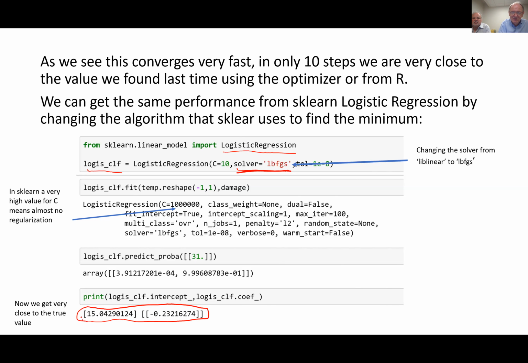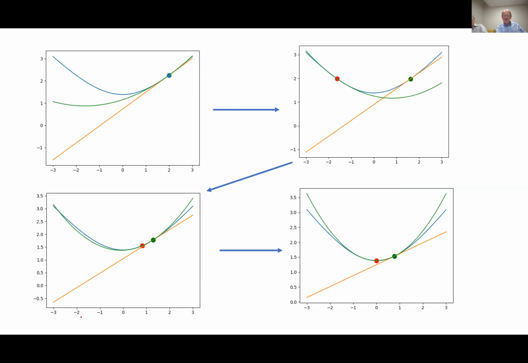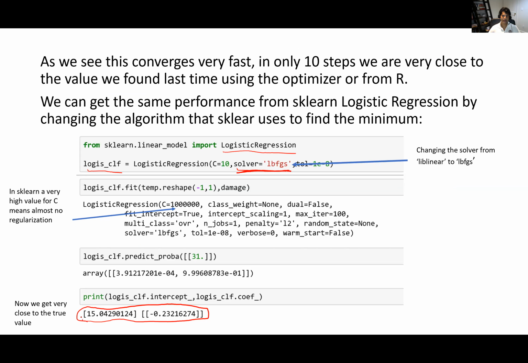There's also a Newton solver. I think in the code I posted, it's Newton-CG or something. That's another solver that uses the Newton method. So you can do it with sklearn also. So here's sort of an illustration. sklearn will by default use the liblinear solver, which converges very slowly.